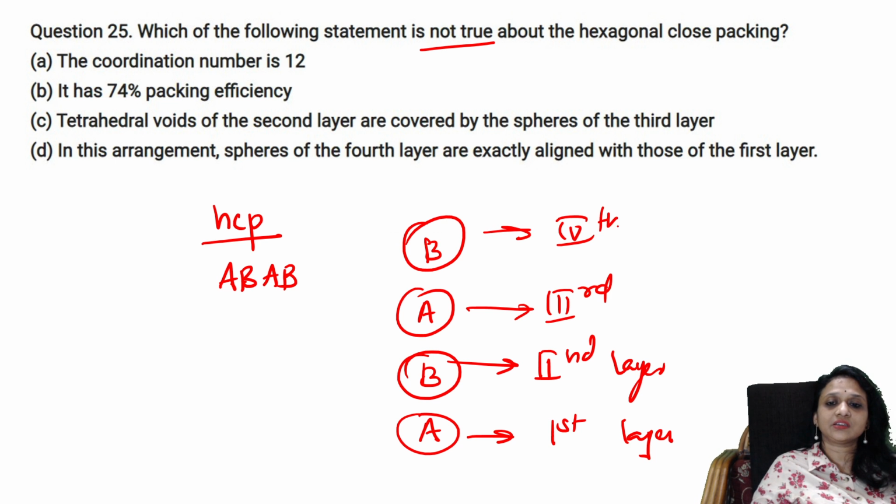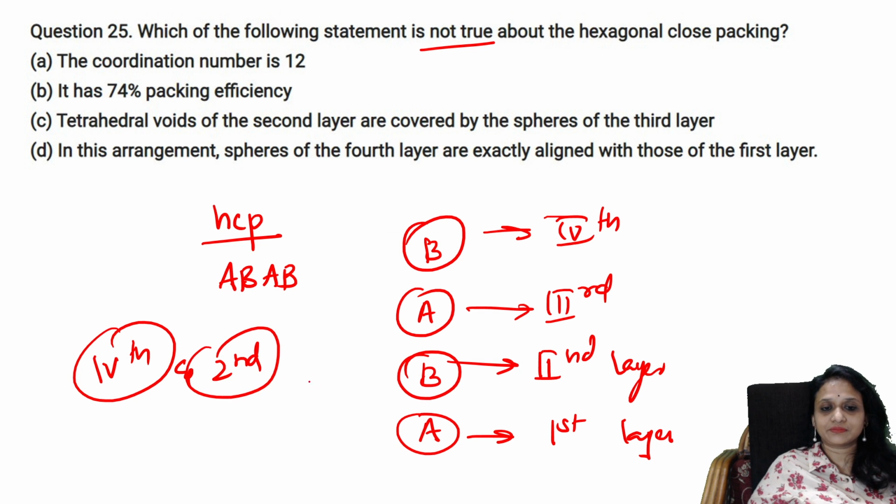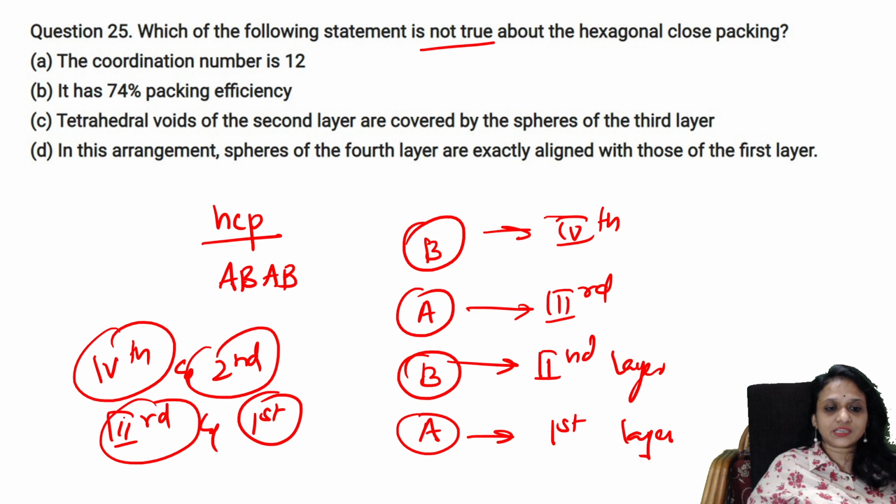Now what did they say? See, the fourth layer and the second layer are same. Correct? Fourth and second are same. Then third and first are same. Correct, students? So what did they say which is wrong?